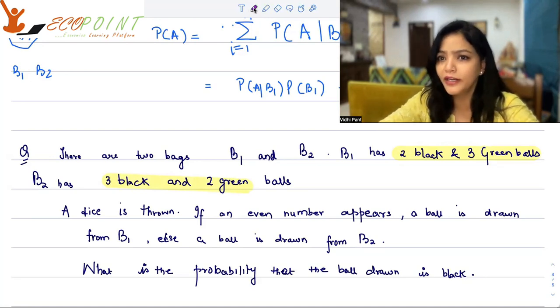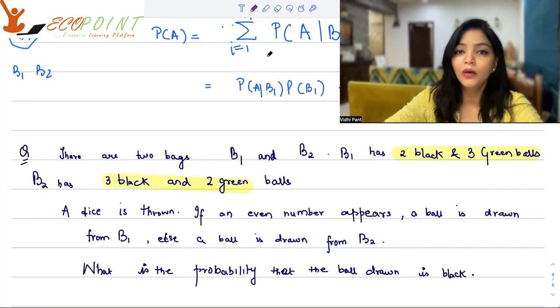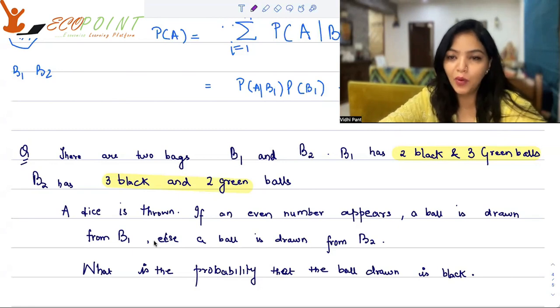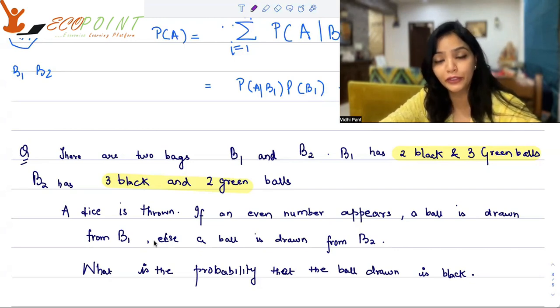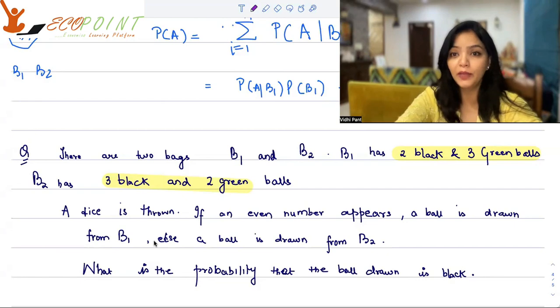Else, if an odd number comes up, a ball is drawn from B2. What is the probability that the ball drawn is black in color? Well, this is a situation. Now, since the black ball can come out of bag 1 and it can come out of bag 2 as well, therefore, the concept of total probability will be applied here.